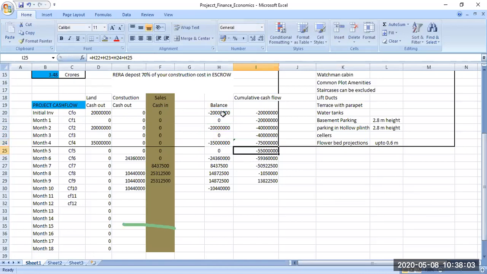Okay, I'm still in minus. I think there is a hashtag formula I can insert and it will do a cumulative for me. I'm just adding randomly right now. So far so good.